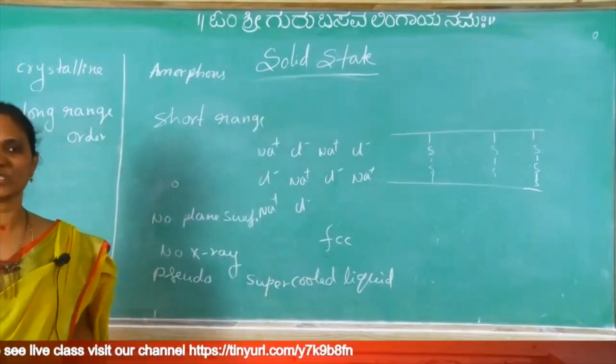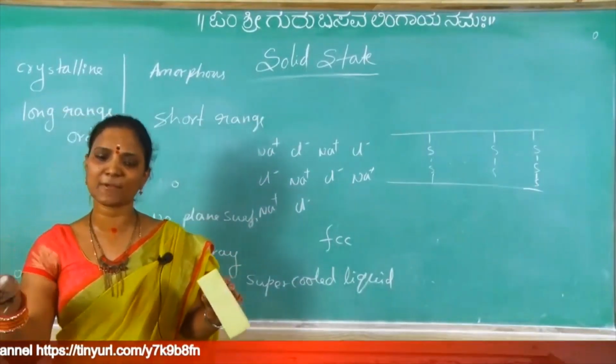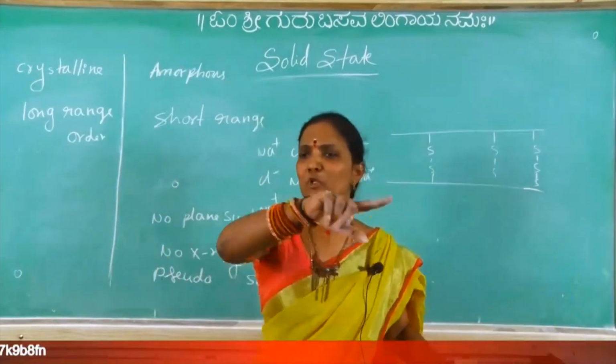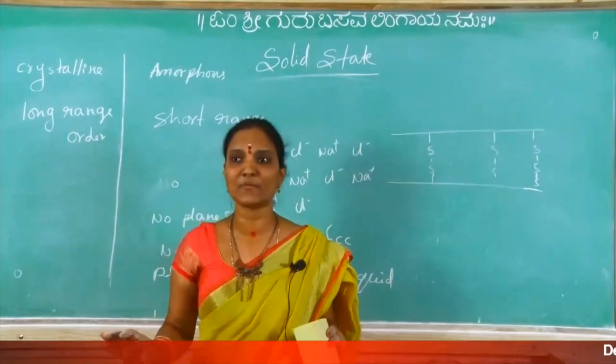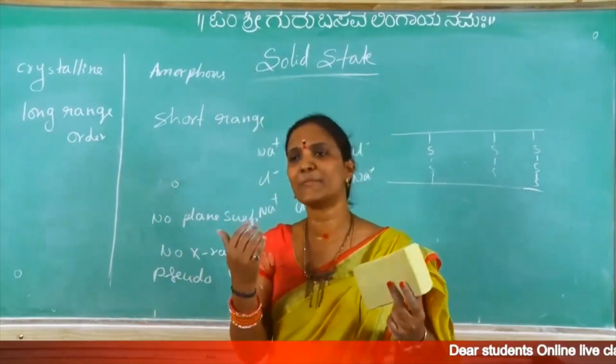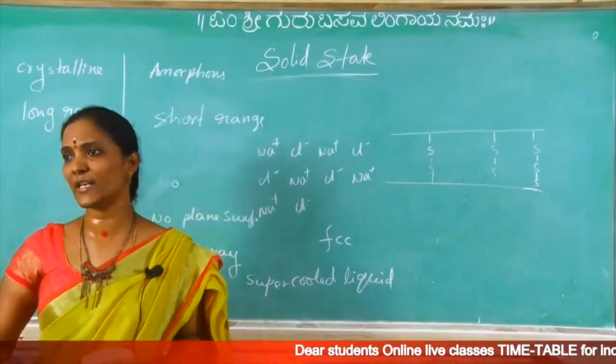Long range order means throughout the crystal the same arrangement: Na plus Cl minus, Na plus Cl minus, and the last also Na plus Cl minus. Anywhere you observe in the crystal, there is no disturbance in structure, exact arrangement is there. A complete crystal having perfect arrangement, that is long range order.